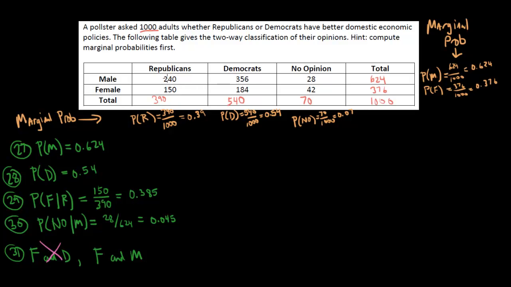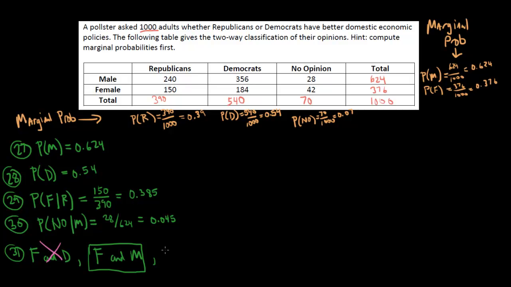Well, according to the chart, you either have to be in the male row or you have to be in the female row. So there's not any option to be in both rows at the same time. Therefore, these are mutually exclusive, because those events aren't satisfied at the same time.